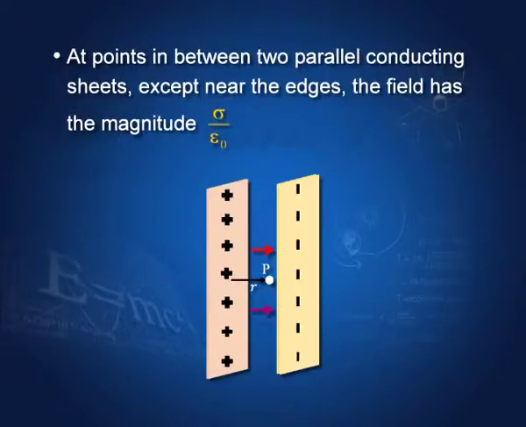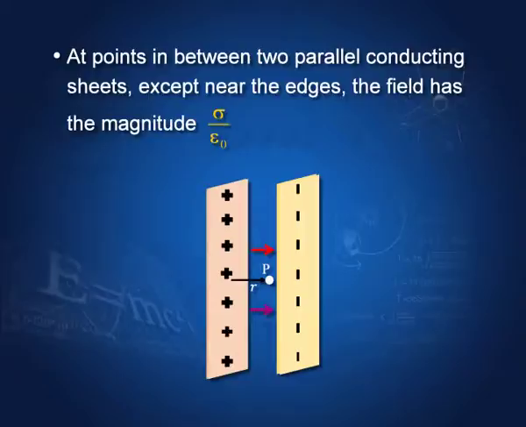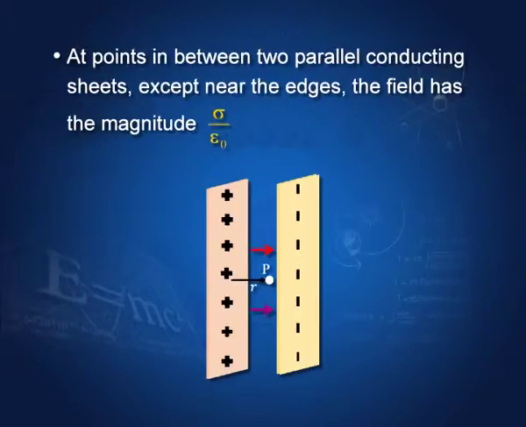So at points in between two parallel sheets of opposite charge, sigma by 2 epsilon 0 is contributed by the positive sheet, and sigma by 2 epsilon 0 by the negative charge in the same direction. So the magnitude of the field is sigma by epsilon 0.